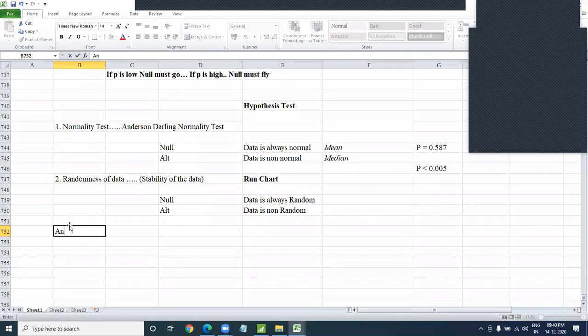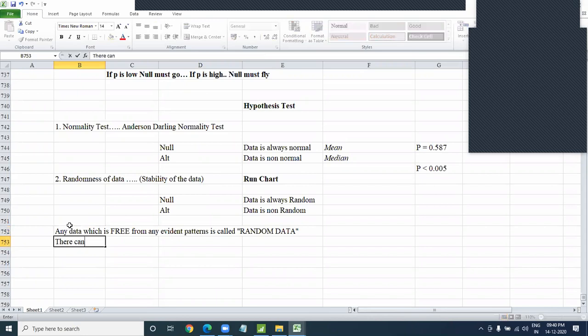Any data which is free from any evident patterns is called random data. If data has no patterns, then it's random data.